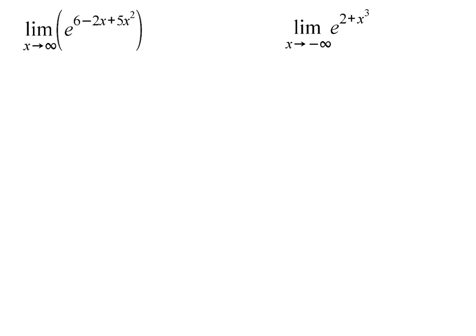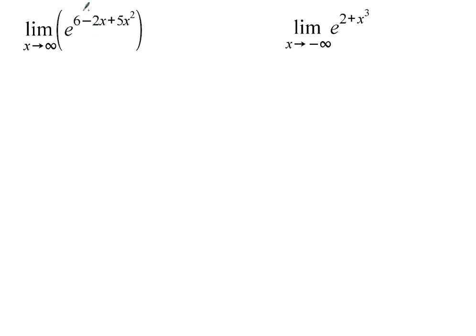For this next one, we're going to look at the limit as x approaches infinity of an exponential function, e to the 6 minus 2x plus 5x squared. So the first thing we want to do is say, what happens to 6 minus 2x plus 5x squared as x goes to infinity? Well, as x goes towards infinity, the 5x squared dominates the 6 and the negative 2x.